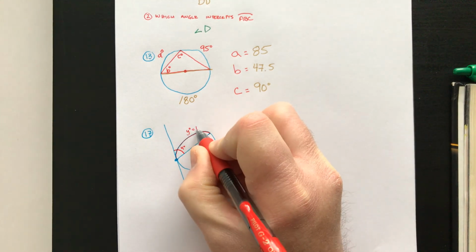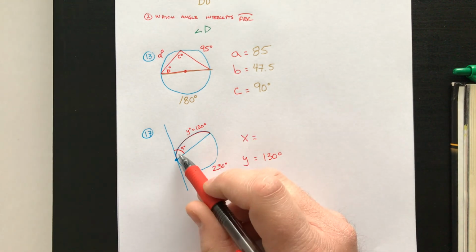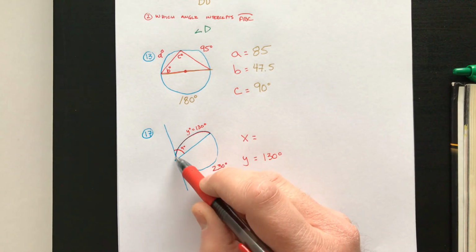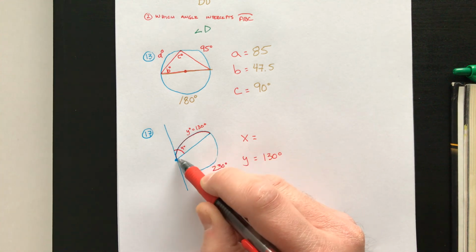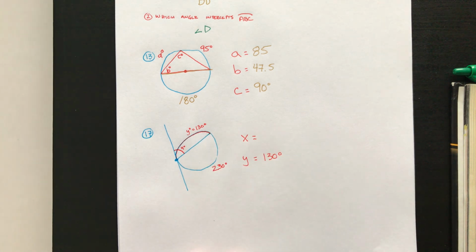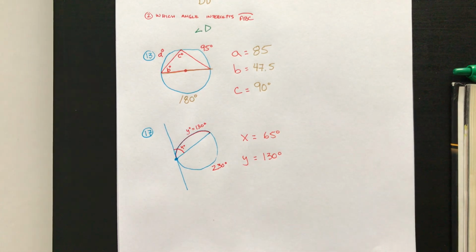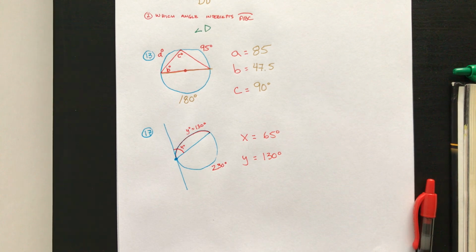So this equals 130. And then according to our book, our theorem, X, this angle here, which is a tangent and a chord, is still half the length of that arc. So if you take 130 divided by 2, you get 65.